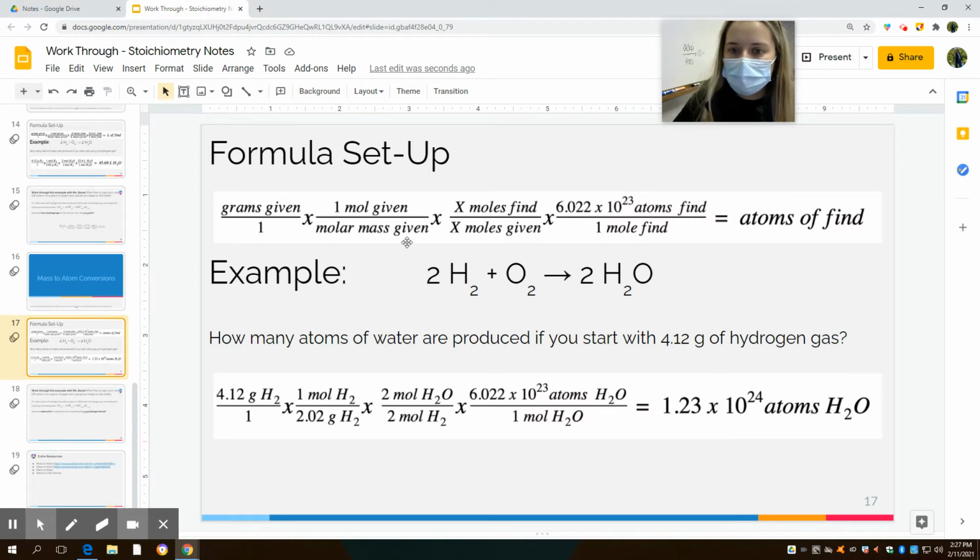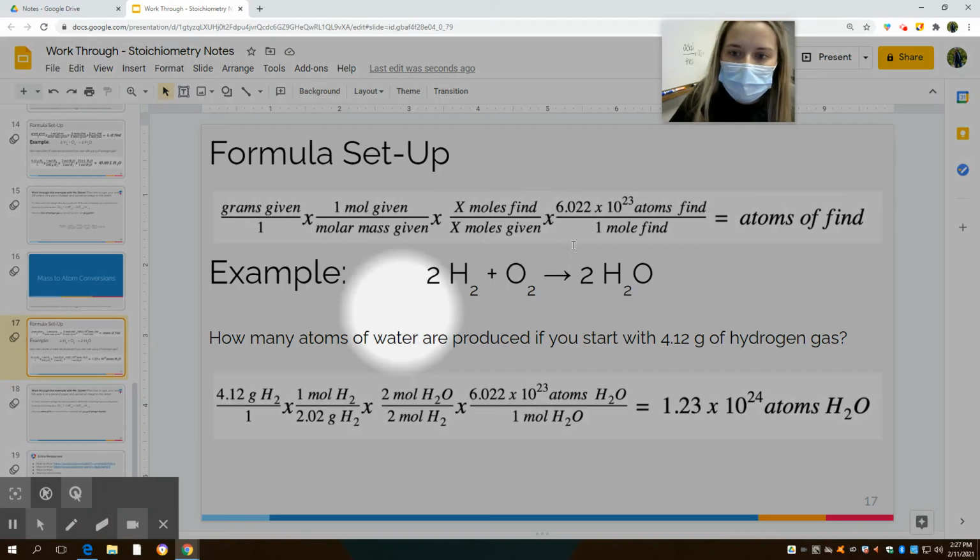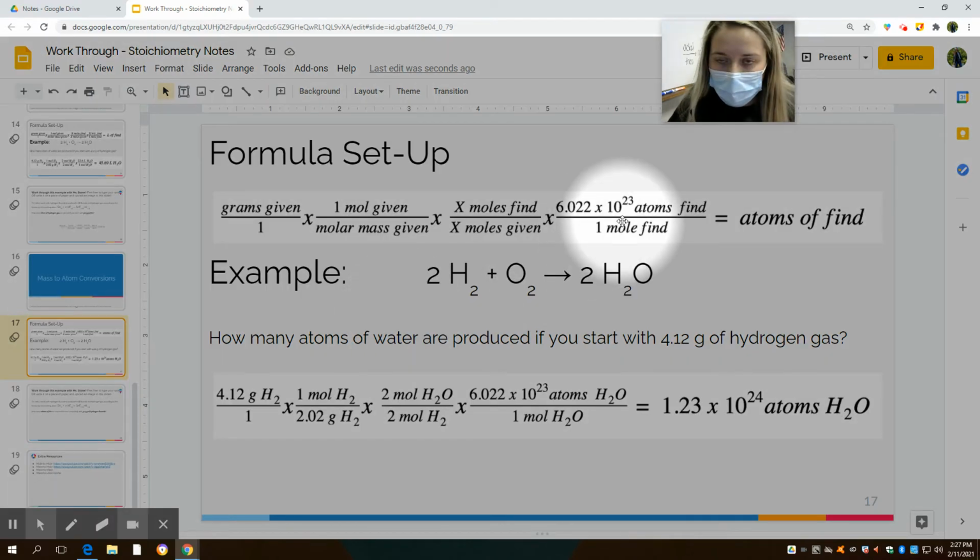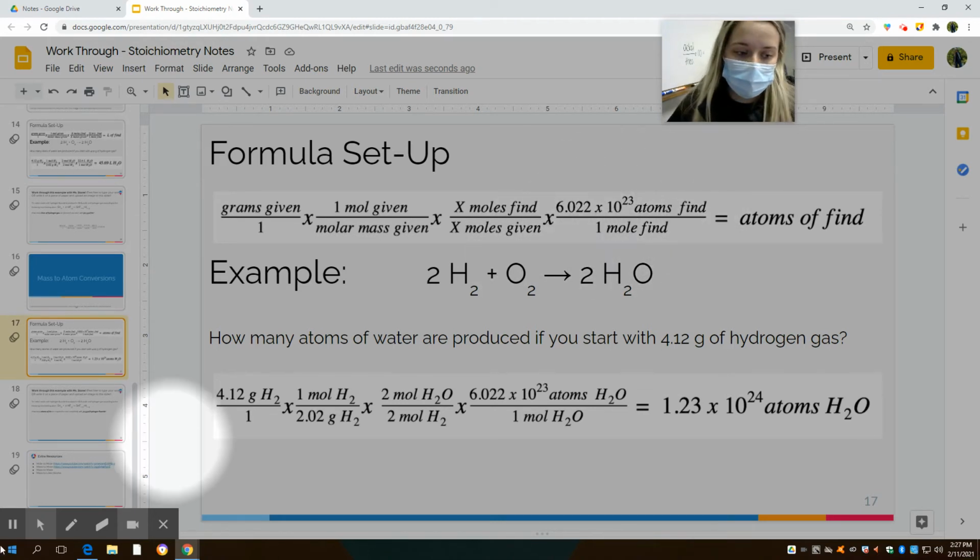The first 3 fractions are the same. The only thing that changes is this last fraction right here, or conversion factor. Instead of having 22.4 liters on the top, we have 6.022 times 10 to the 23rd atoms of what we're trying to find on the top. Okay? This is the only new part.